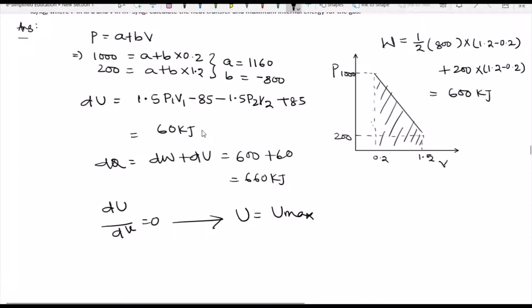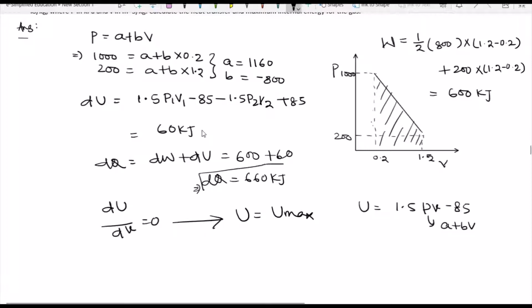So you know the value of u is 1.5 pv minus 85. So put the p value a plus bv, you know a and b, put it over here, and differentiate with respect to specific volume, and equal to 0, you will get the maximum internal energy. Please try this and give the answer in the comments.